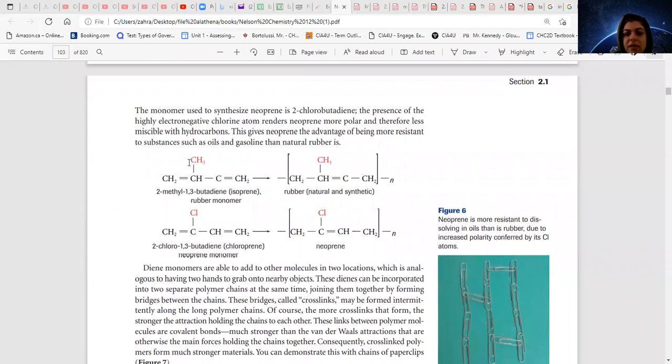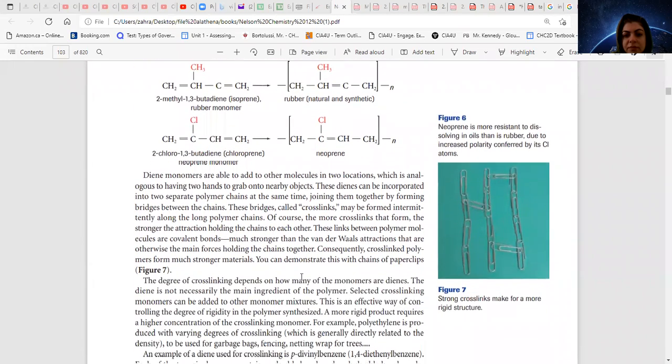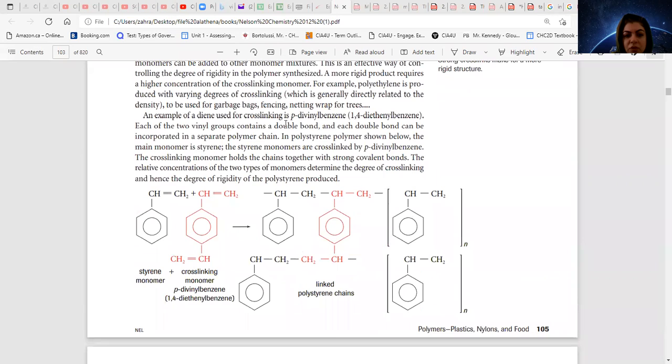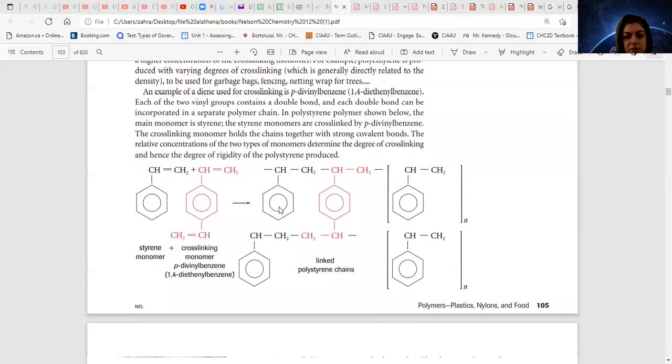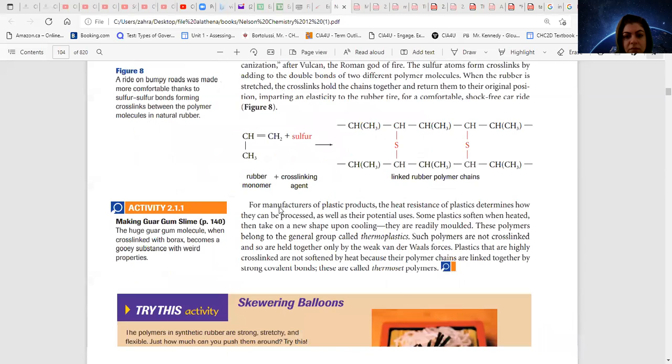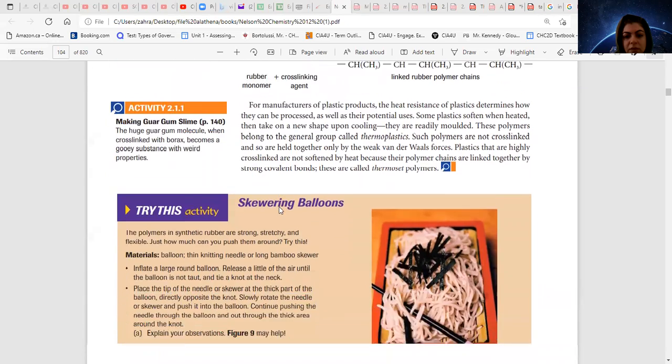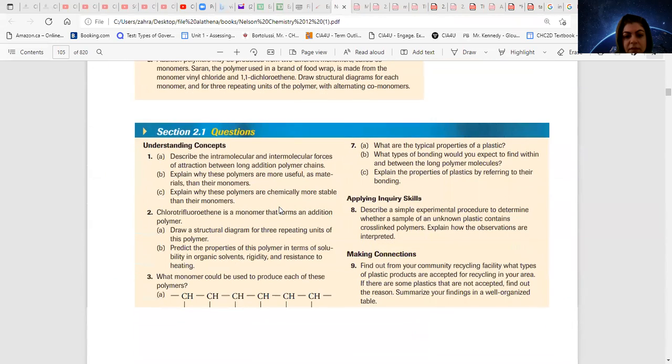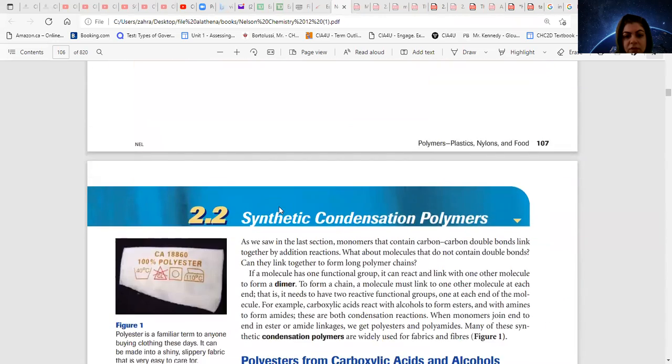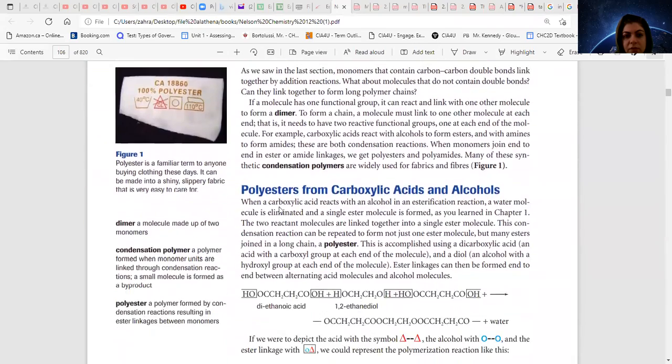Basically, it's just saying that instead of the CH3, you substitute it with the Cl, and the cross-linking will happen. I want you to read this cross-linking yourself. I think it's easy. Yeah, and this is a continuation of that. And that's it. I don't want you to do more.